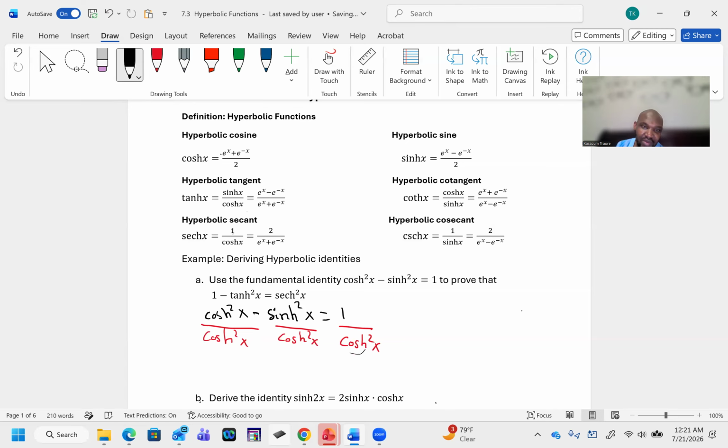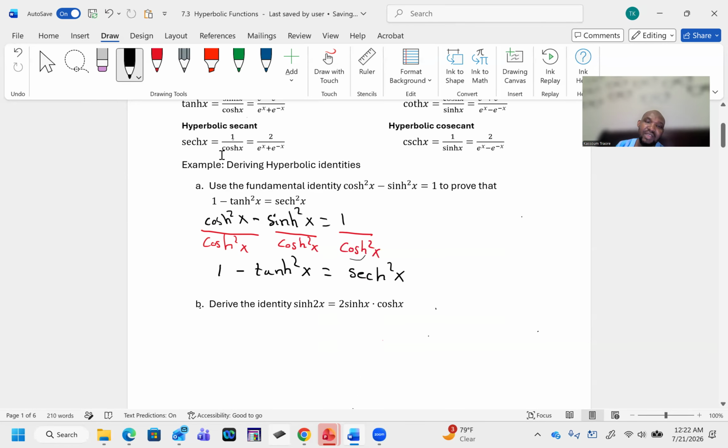Hyperbolic secant square. And that's the proof. So we have 1 minus hyperbolic tangent square of x is equal to hyperbolic secant square of x, and that's it.